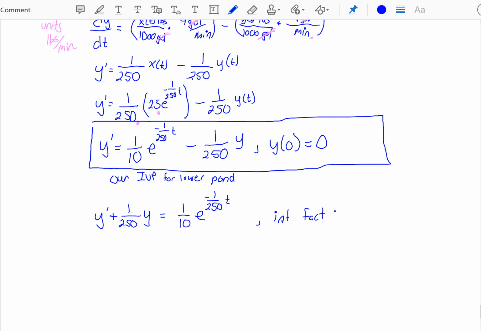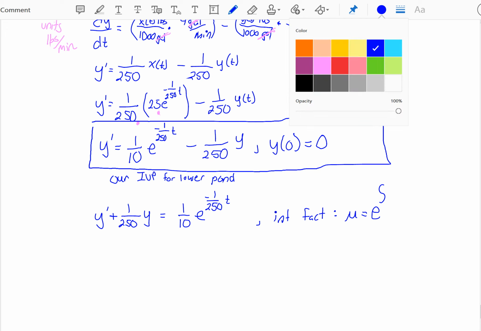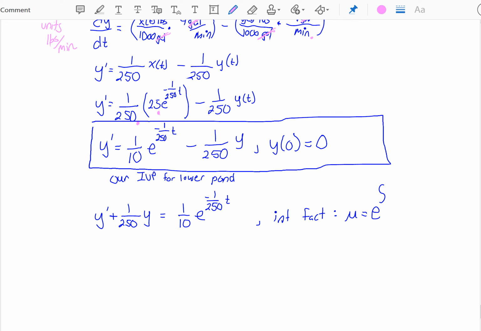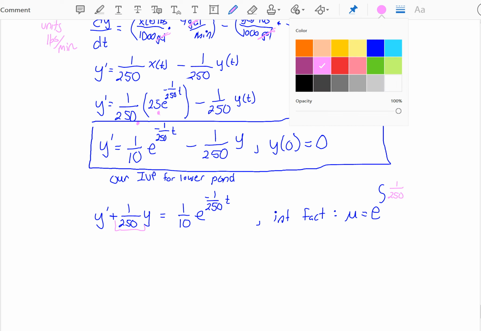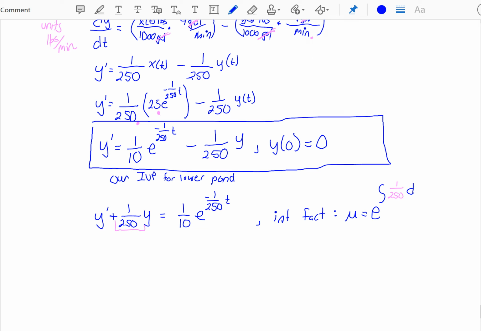In this form, we can find our integrating factor. So remember now, your integrating factor is always going to be mu equals e raised to the integral of whatever p of t is. In this example, our p of t, the coefficient in front of y, is the 1/250th. So it's the integral of 1/250th dt, or e to the 1/250th t.